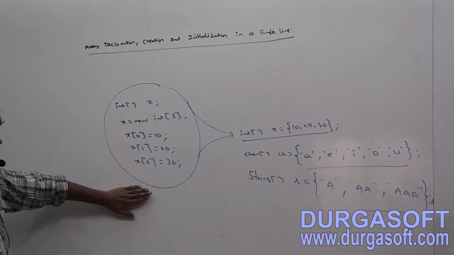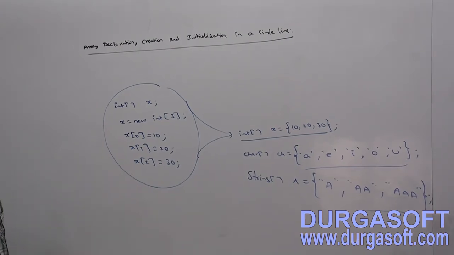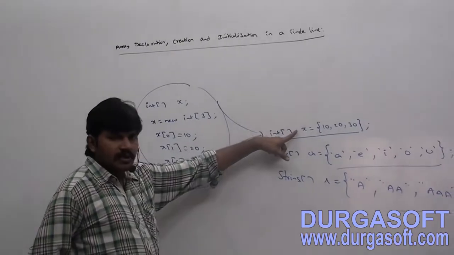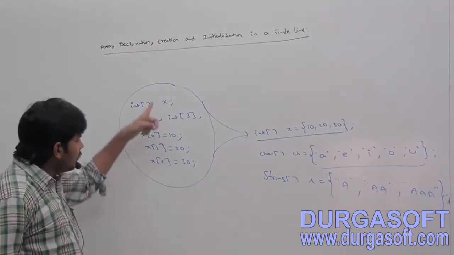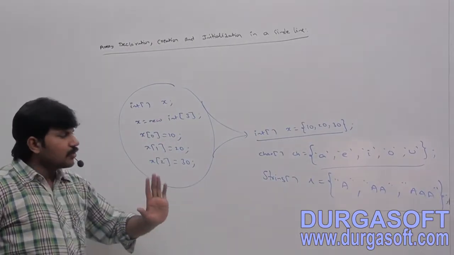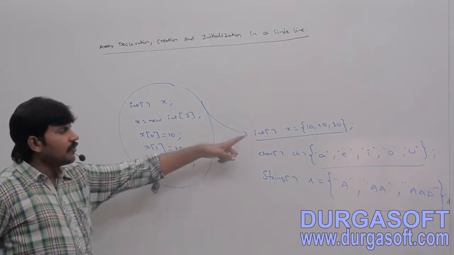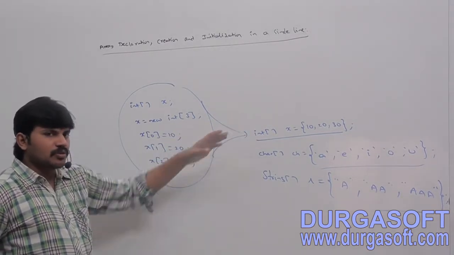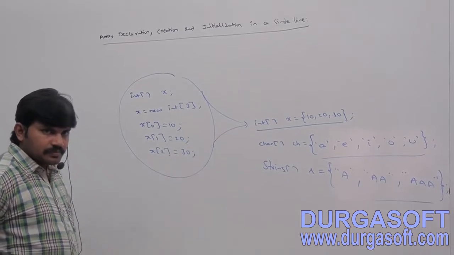I hope the terminology is very clear for you people, right? Whenever we are taking this, internally this one only is happening. It is just convenient for the programmer if you know all values at the beginning. In the heap, every Java object is going to be created on the heap only.